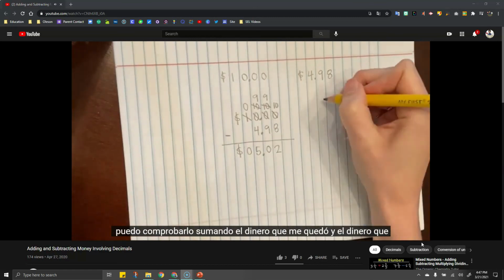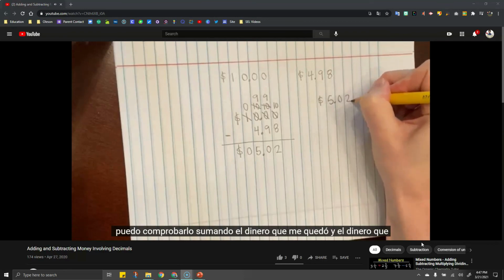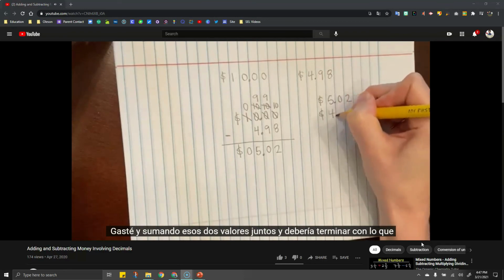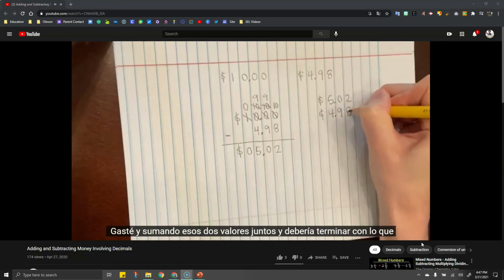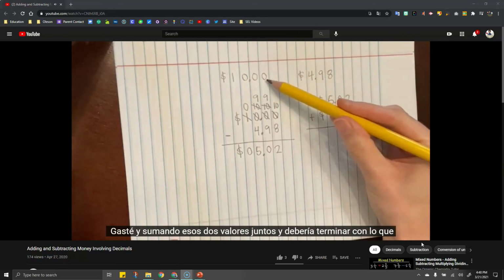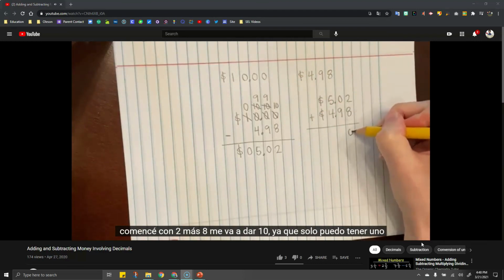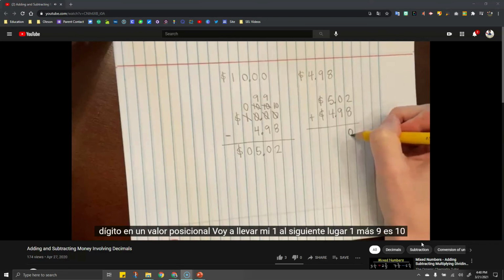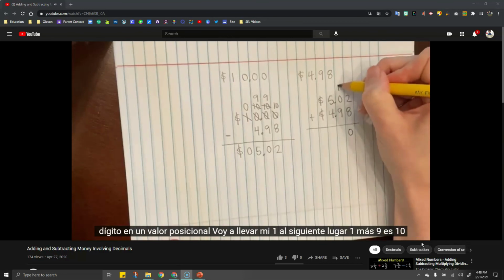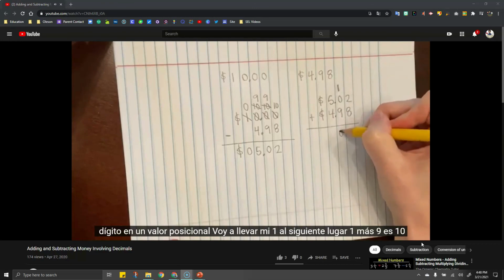So we can check that by adding up the money that I was left with and the money that I spent, adding those two values together, and I should end up with what I started with. So 2 plus 8 is going to give me 10. Since I can only have one digit in a place value, I'm going to carry my 1 to the next place. 1 plus 9 is 10.